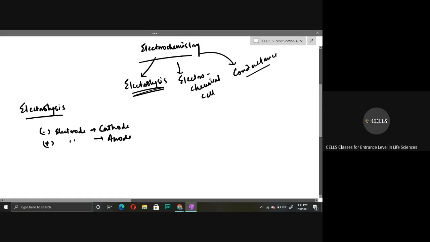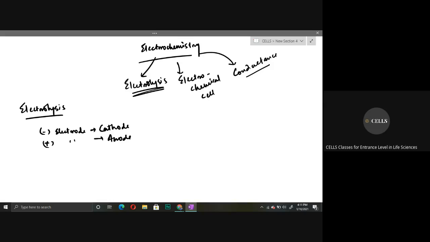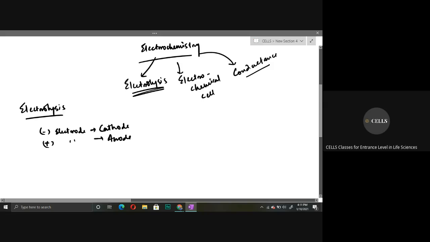Now, at the cathode the cations will move, and at the anode the anions will move. You have a basic idea regarding this, but the trick here, you have to remember one thing, and I will solve some questions regarding this.